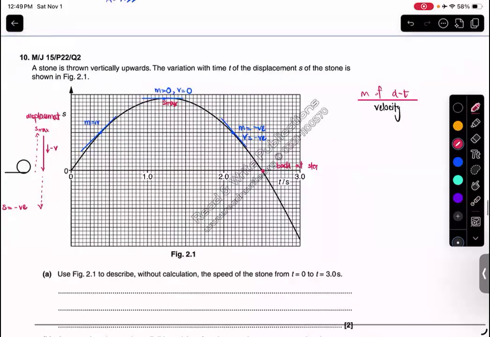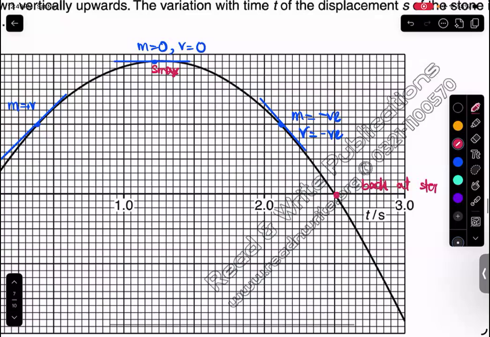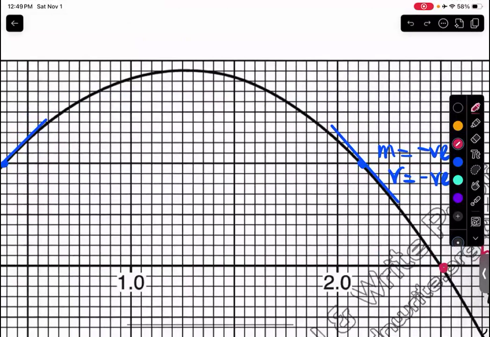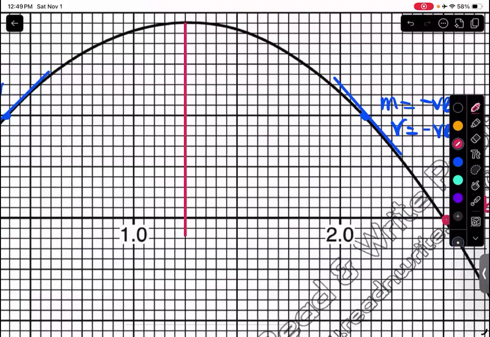So from 0 to what time is this? Where is the slope 0? I think it's at this point. Is that 1.5? No, wait, no. This is 1.5, I think.